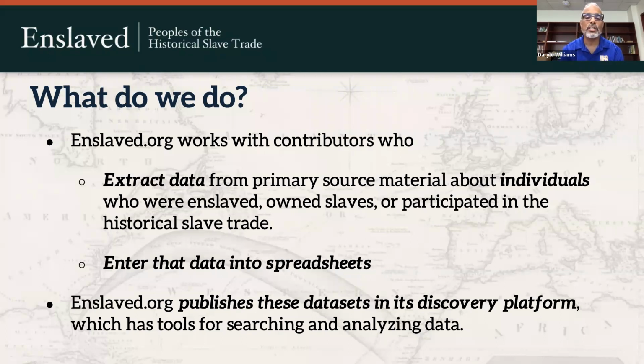But these primary source materials have a rich set of material about the lives of the enslaved, often named. And so we encourage or make possible work that extracts not just names, but also attributes, features of that named individual's life, both for the enslaved and also for the enslavers and others who participated in historical slavery, including the slave trade.